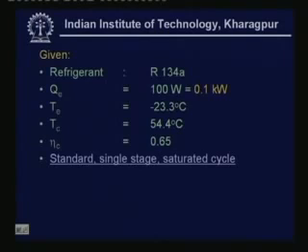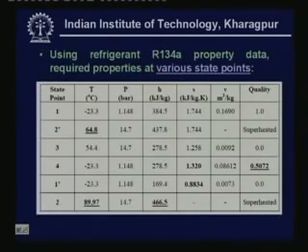So this is the list. Information given is like this: refrigerant is R134a, refrigeration capacity is 100 watts or 0.1 kilowatts, evaporator temperature is -23.3 degrees centigrade, condensing temperature is 54.4 degrees centigrade, the isentropic efficiency of the compressor is 0.65, and it is mentioned that it is a standard single stage saturated cycle. Okay.